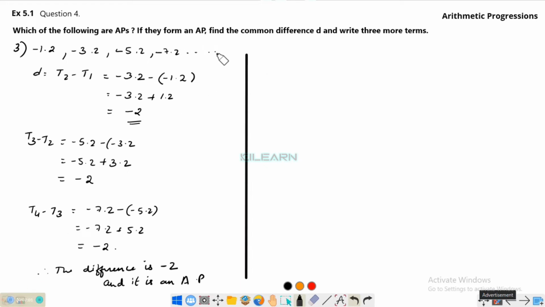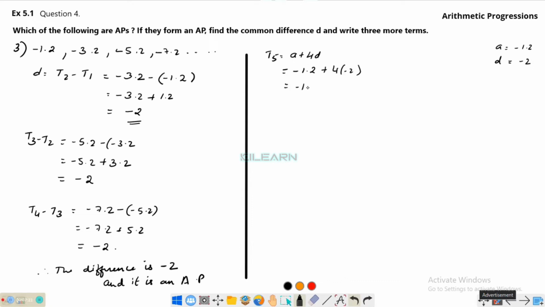T5 is equal to A plus 4D. So now what is the A value? Minus 1.2. D is minus 2. So A is minus 1.2 plus 4 into minus 2.